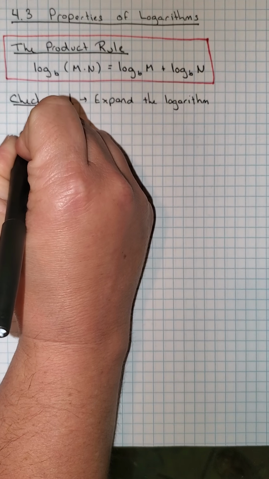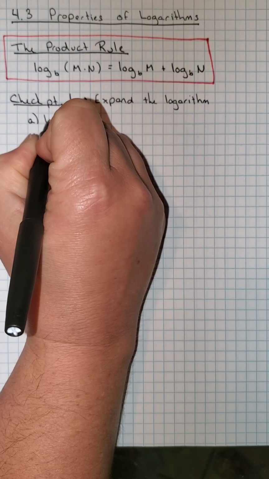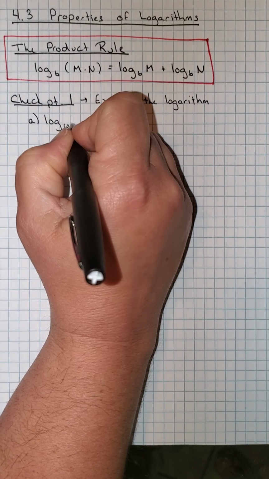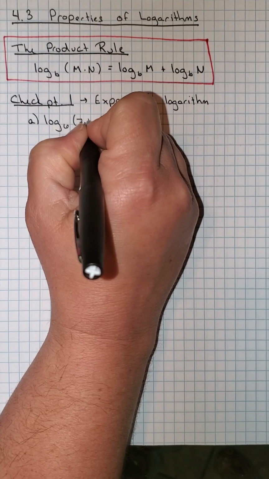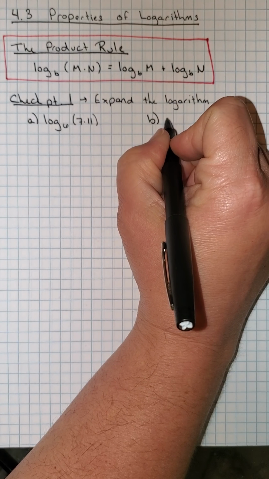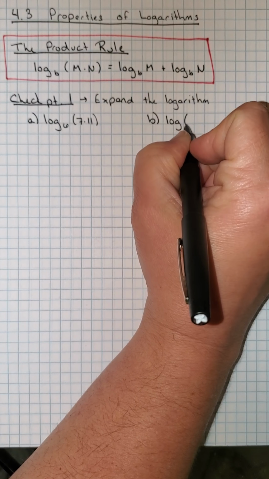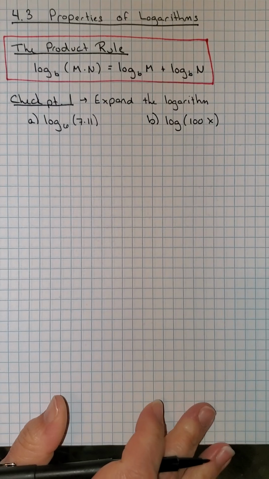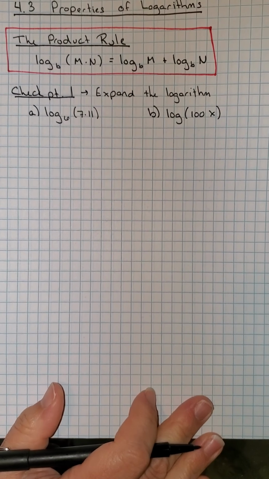Okay, for A, we have log base 6 of 7 times 11. And for B, we will have the log of 100x. Just put them both out there. So these are the 2 product rule problems we're going to use.